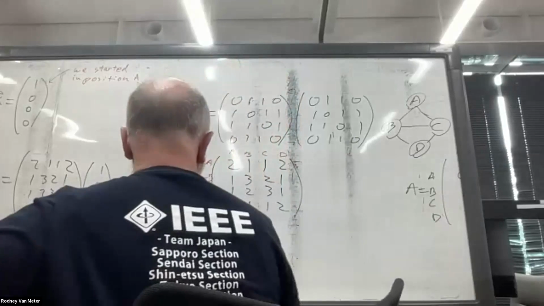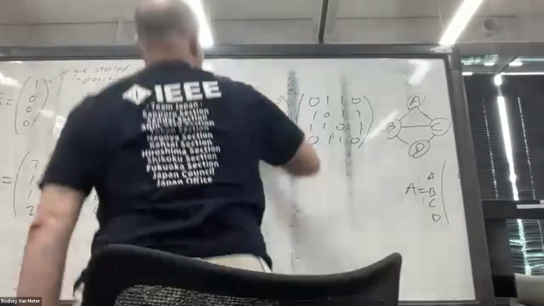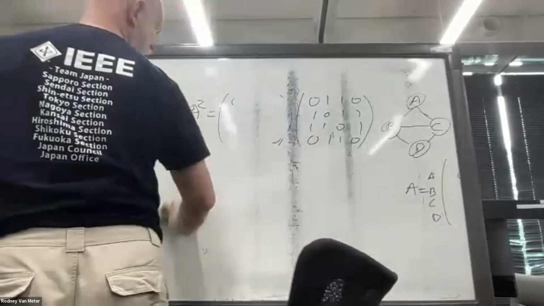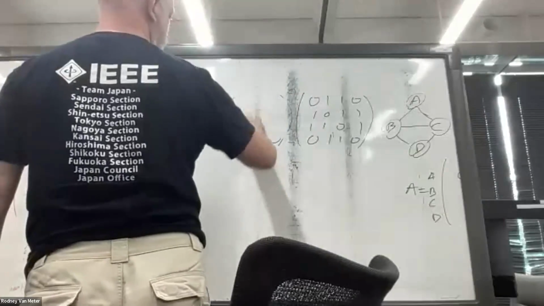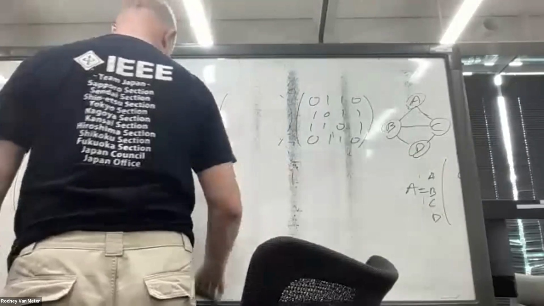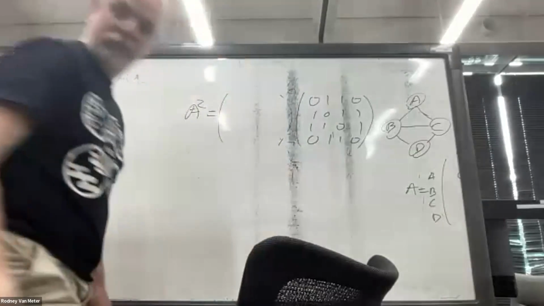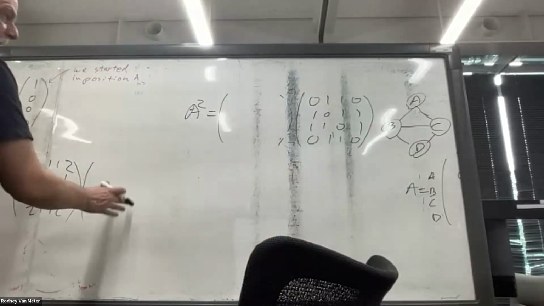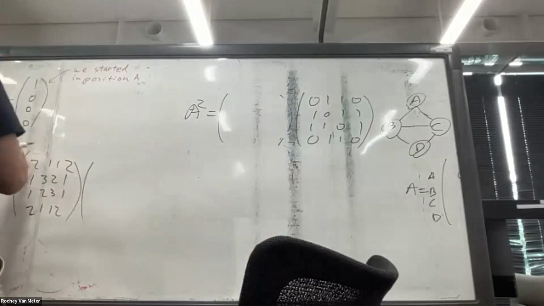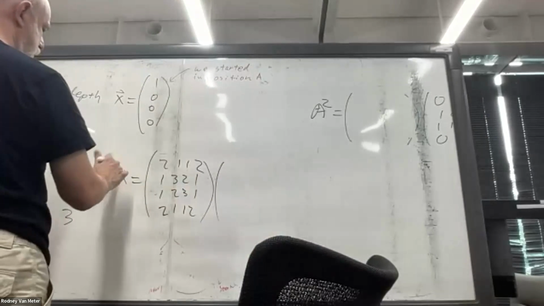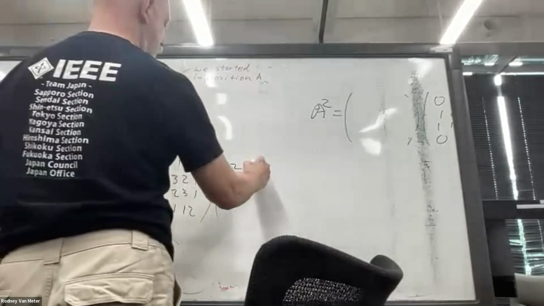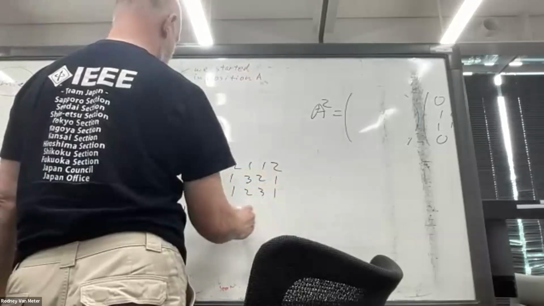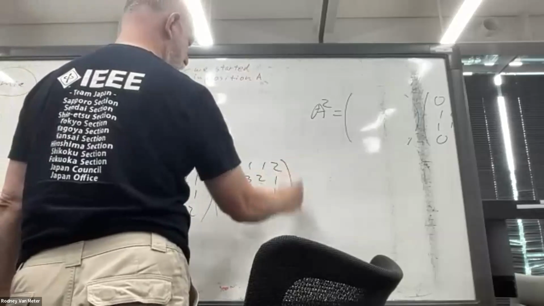Let's see. So let's take this. I'll write this out here. Let's go with, let's calculate A to the 4th. 2, 1, 1, 2, 1, 3, 2, 1, 1, 2, 3, 1, 2, 1, 1, 2.